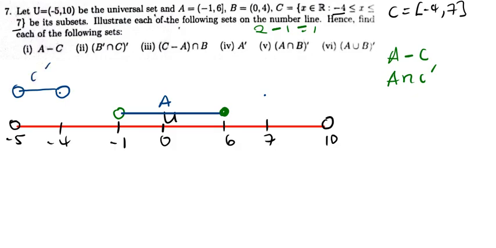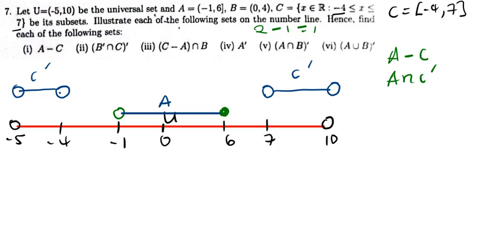Another one starting from 7. Since 7 is included, then the complement part will not be included, all the way to 10. Again, that is C complement. Meaning that from this point here all the way to that point, that is my C. But I don't want that line. Does that make sense?